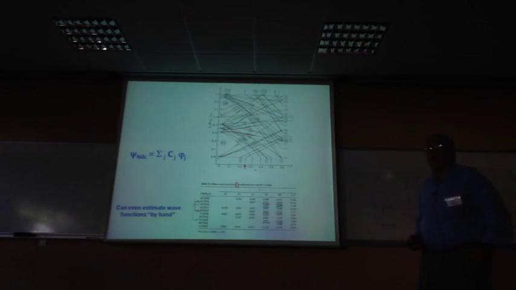Now let me make a comment about the phases. As I said, you can't estimate the signs, and if you look at different Nilsson model tables, diagrams, wave functions, you'll see different sign conventions. And I don't mean simply multiplying all of them by -1. You will see things where, you know, these two, which have opposite signs here, might have the same sign, and then these might have opposite signs.